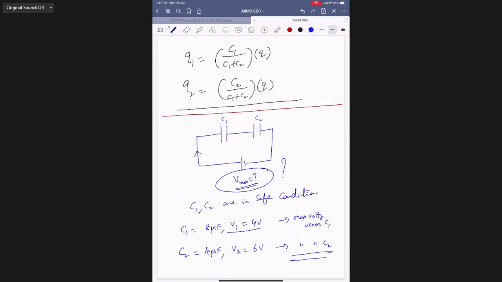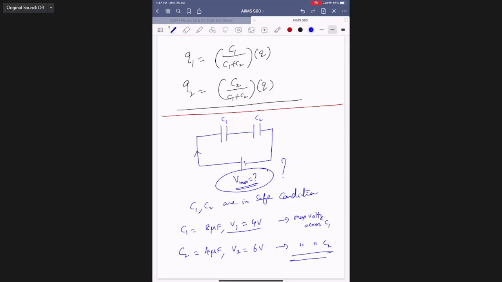Now see the figure. Are they series or parallel? Series. Then will the two capacitors carry the same charge or different charges? Same charge.